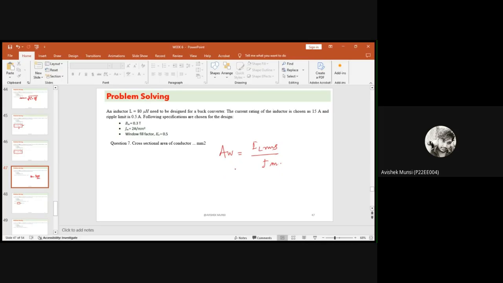So you have to calculate this cross-section area, the window area actually. So you have this value and you have this J. So what will be the answer of this? Kindly answer it.